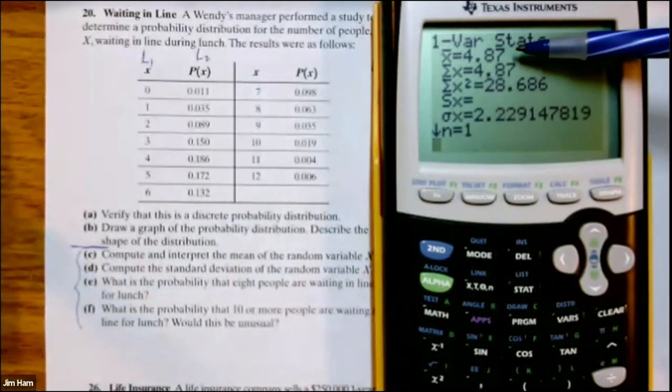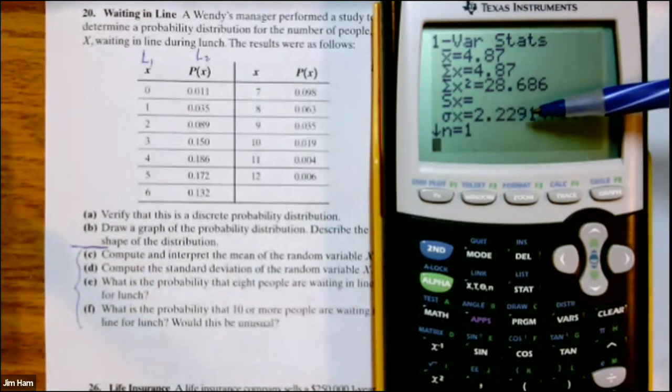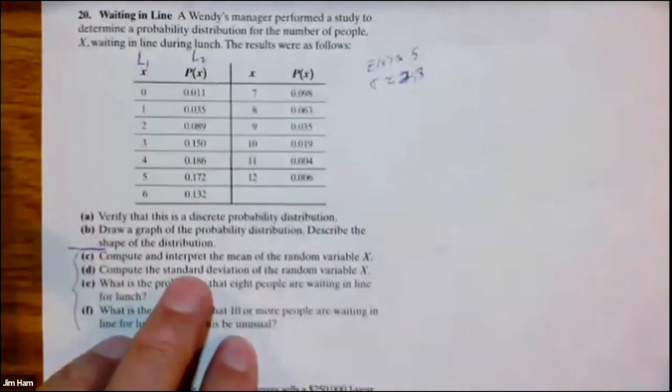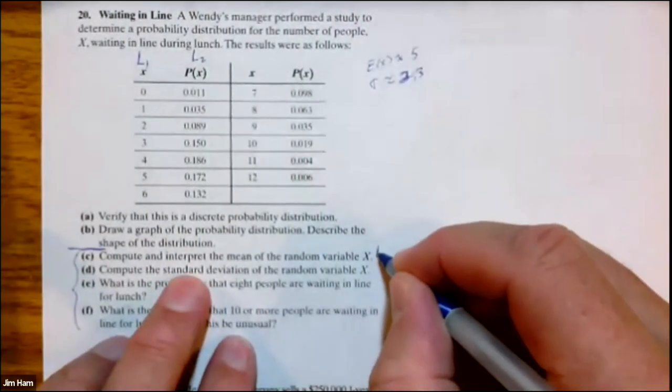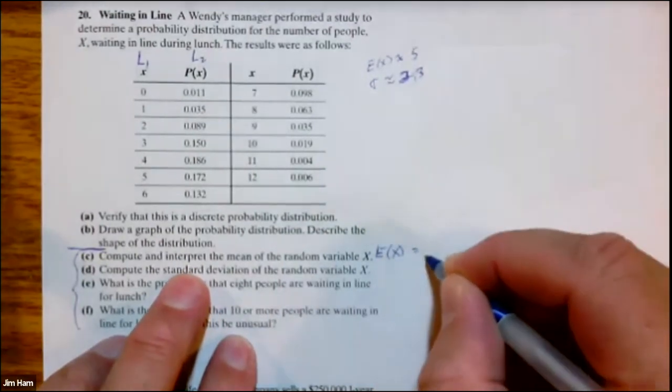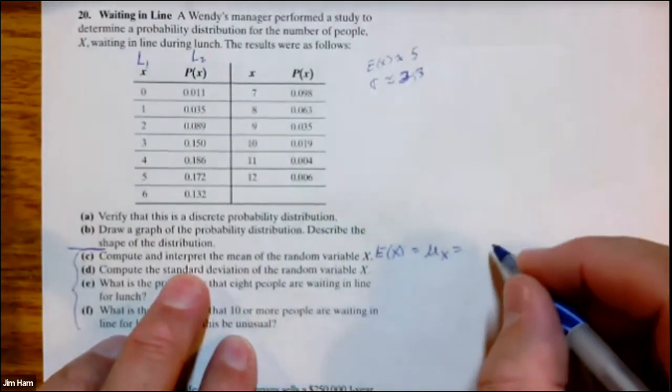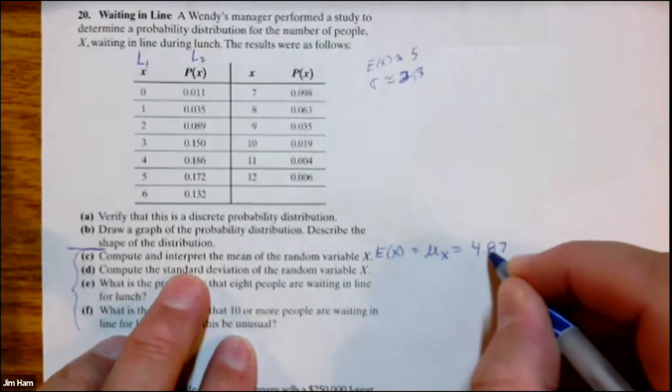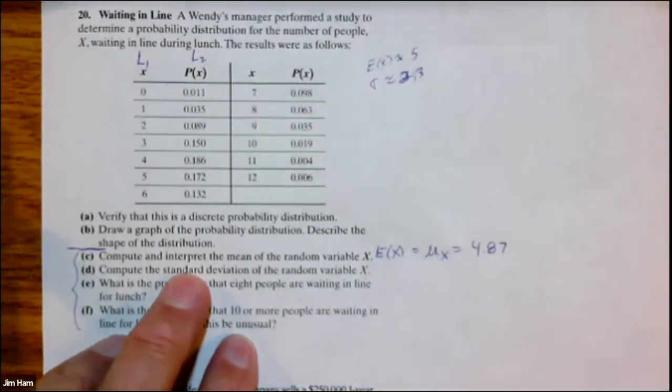There it is. Did you get 4.87? Okay. And then there's the standard deviation, 2.2. And so the mean of X is 4.87. So in the long run, we would expect on average there to be about 4.87 cars waiting in line at lunchtime.